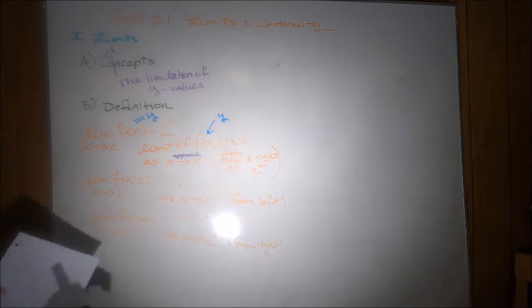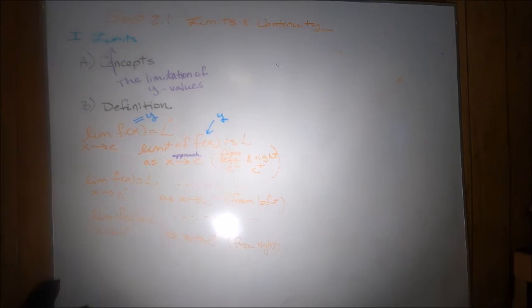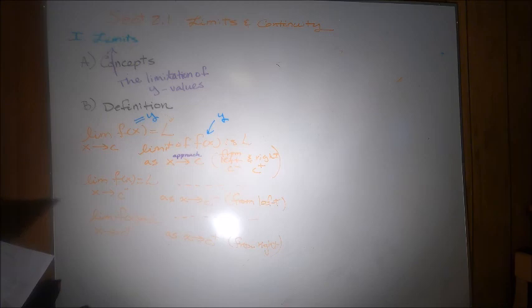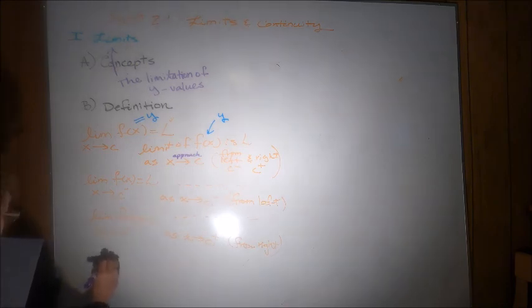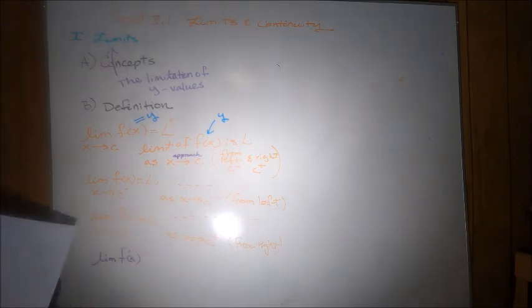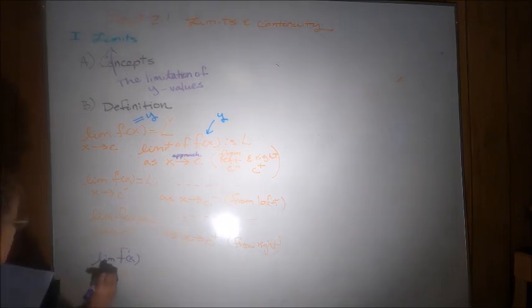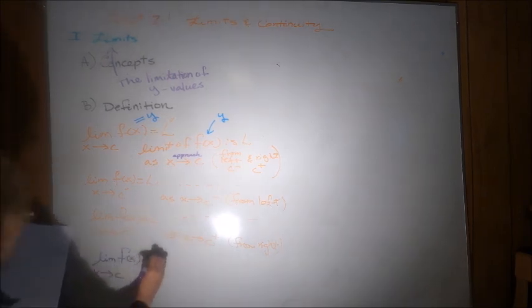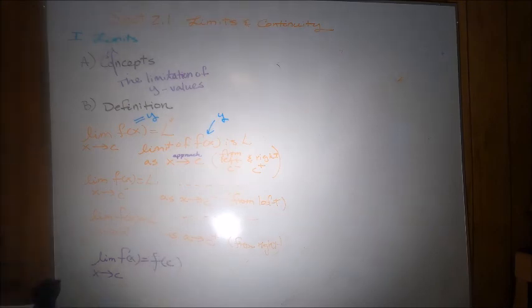So, rules of limits. How do we actually calculate? We say the limit of f of x when x approaches c equals f of c. What does that f of c mean? Just like earlier, f of x equals 2x plus 4.